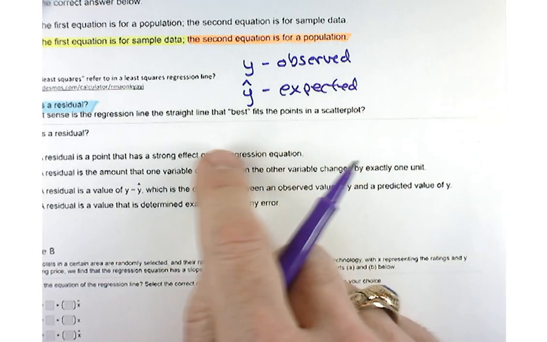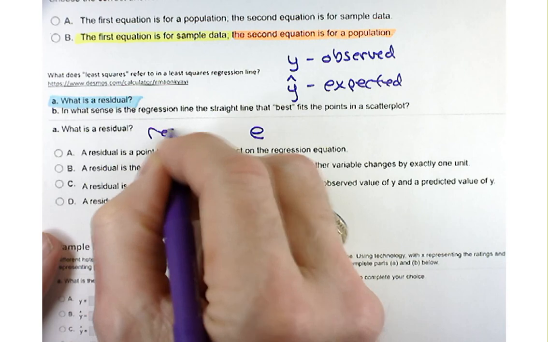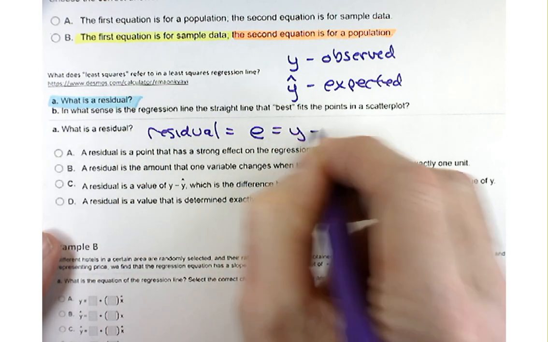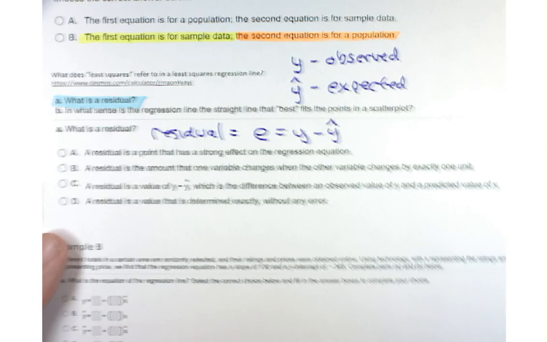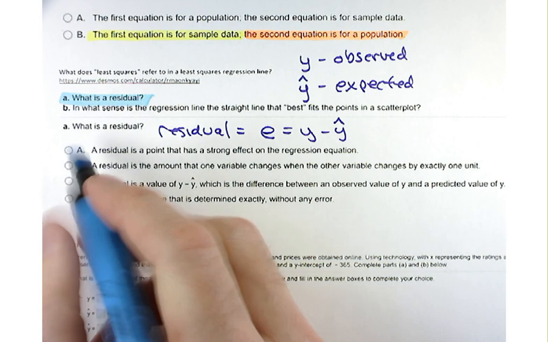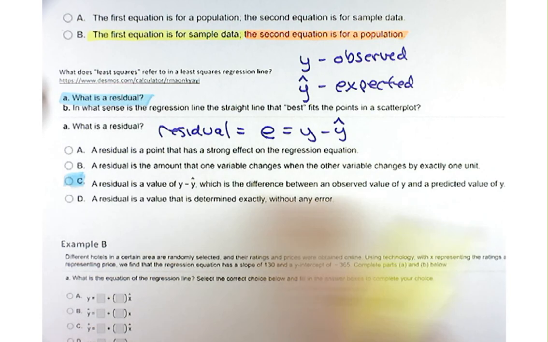So your residual, sometimes denoted with an E, is just the difference between the observed and the expected. Y minus Y hat. It's your error. I think that's why they use an E for this notation here. But that's actually going to be C down here.